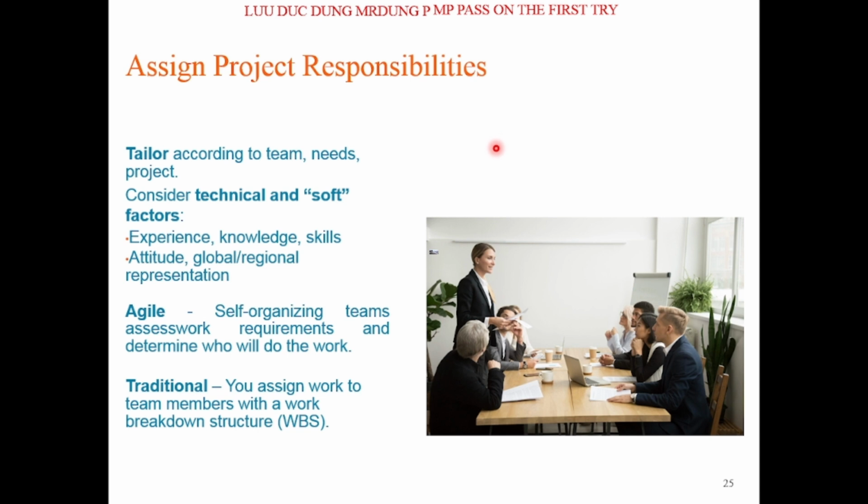Assign project responsibilities, tailored according to team and project needs. Consider technical and soft factors: experience, knowledge, skills, attitude, global and regional representation. In agile, self-organizing teams assess work requirements and define who will do the work.